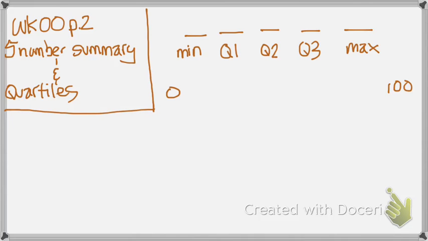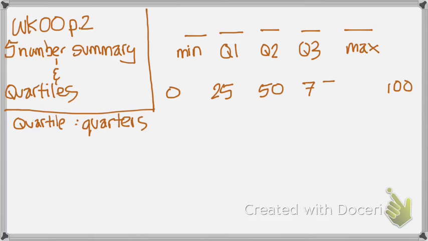Well, the quartiles split your data into quarters. And we happen to know, well, if we have 100 cents, then we have that split up into quarters. We have 25 cents. We have 50 cents, and we have 75 cents.